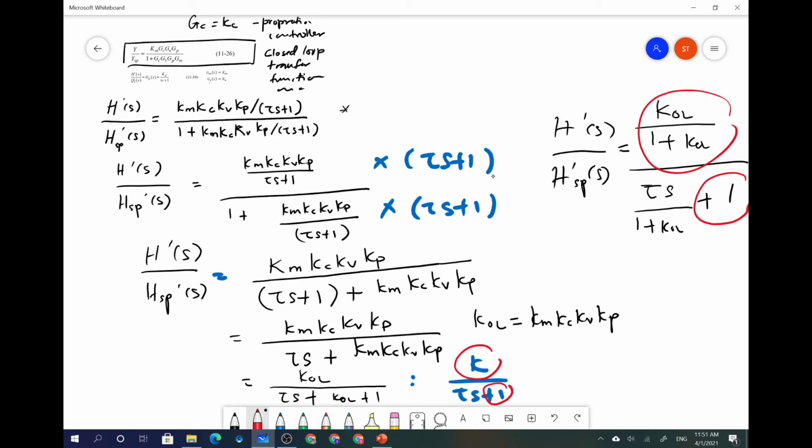K is K. That's why we get simplified into K equal to KOL over 1 plus KOL, and the value of tau equal to tau divided by 1 plus KOL. Quite confusing, right? Not confusing, it's complicated.